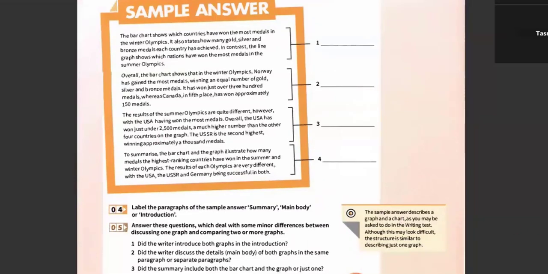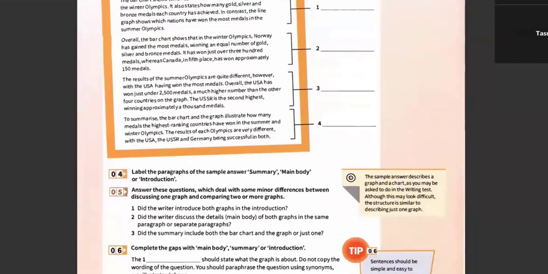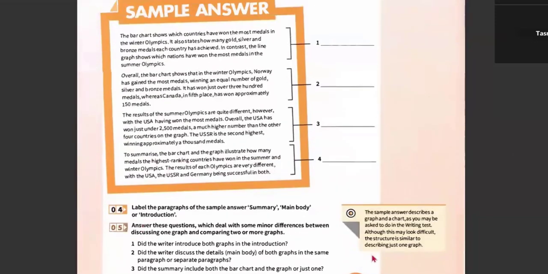Okay, so now moving on to the questions in activity 5: answer these questions which deal with some minor differences between discussing one graph and comparing two or more graphs. So in this question, you will see that you have to give some answers regarding the minor differences that we find when we are discussing only one graph and when we are comparing two or more graphs.